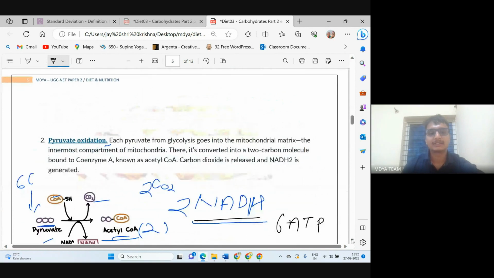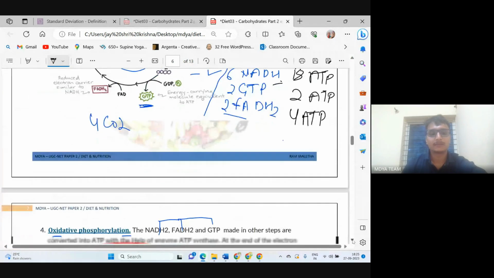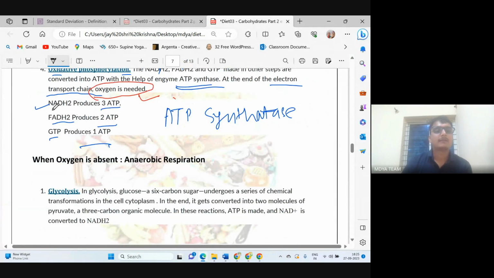It is written here. First, you have to remember this: one NADH produces 3 ATP, one FADH2 produces 2 ATP, and one GTP produces 1 ATP. So because 2 NADH were there, they will produce 6 ATP.